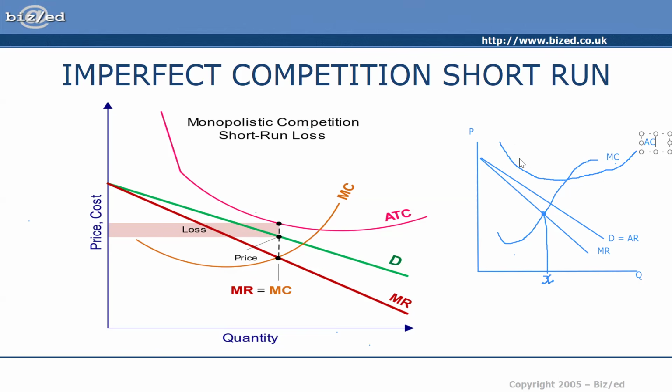If I was to look at where I'm producing X, my average revenue would be here. This would be my average revenue. But my average cost would be up here. My average cost is higher than my average revenue, so I'm making a loss.